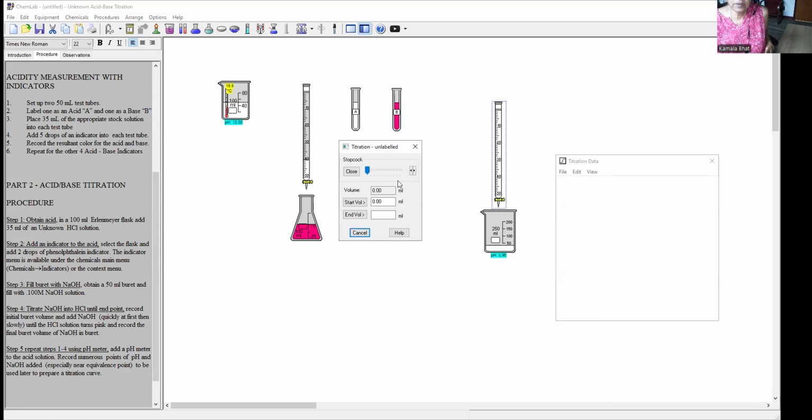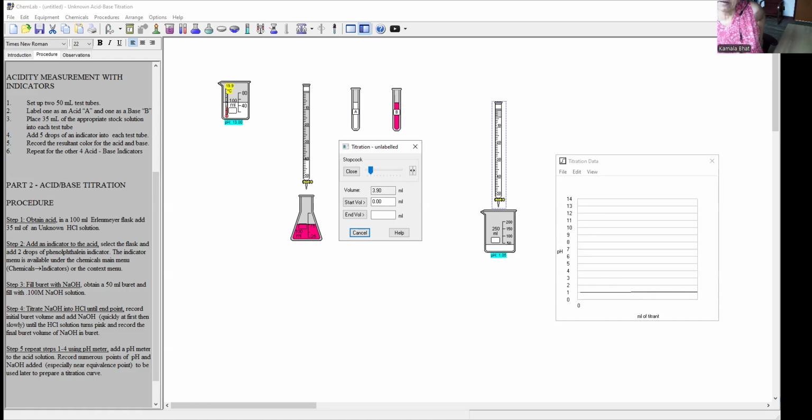There is the titration dialog box already set up for the new experiment. I'm going to open my titration. And you will see that on the view box, the line is moving as the mL is added. So the pH is being recorded.